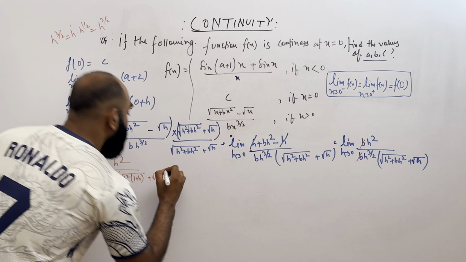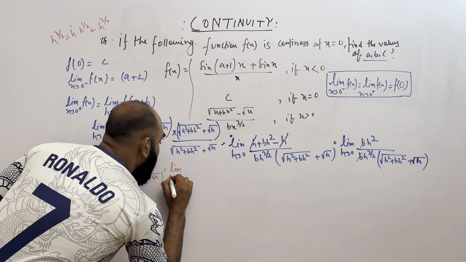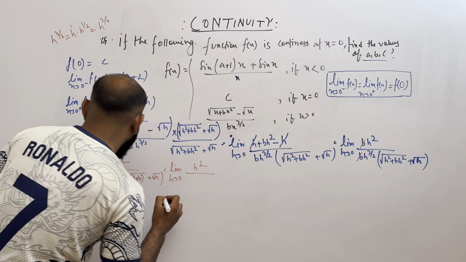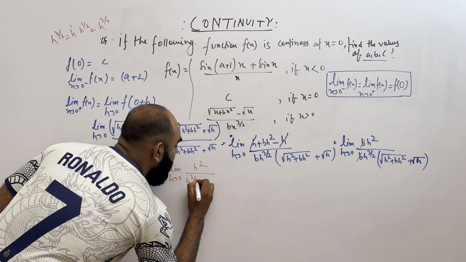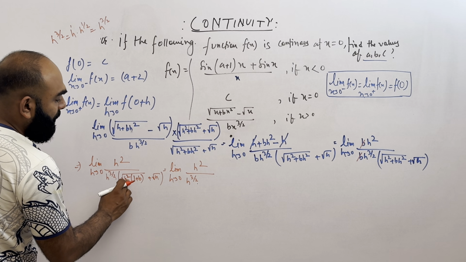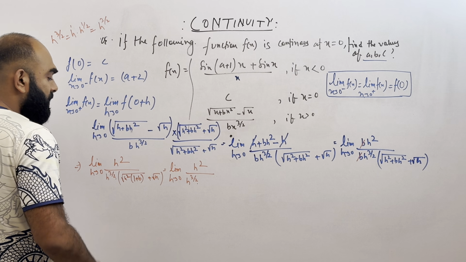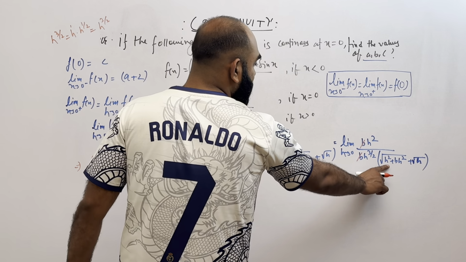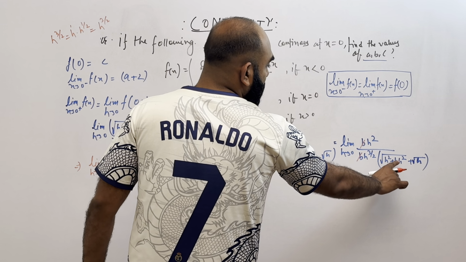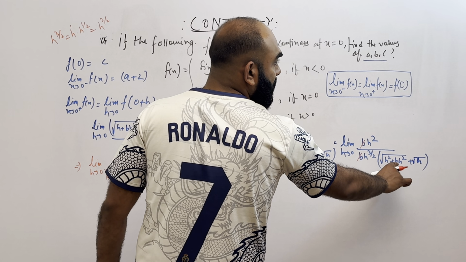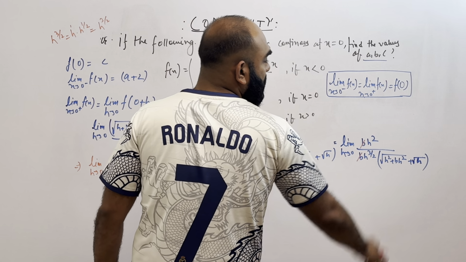Now carefully watch. Limit h tends to 0, h square divided by h to the power 3 by 2 into, from here, root h, what will come? I will take h square common outside from the root.